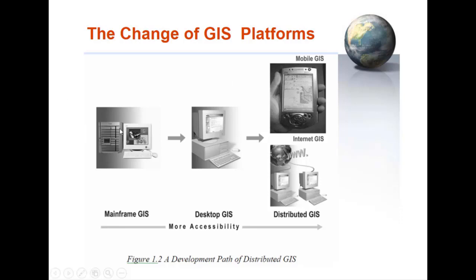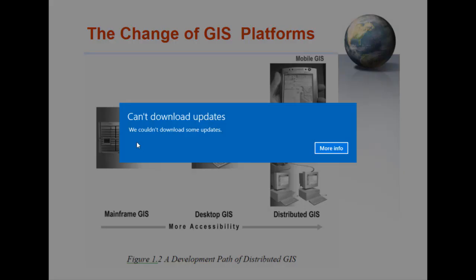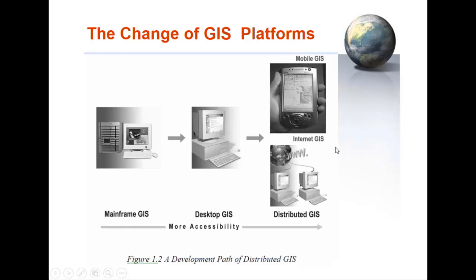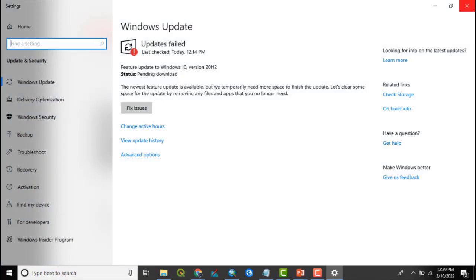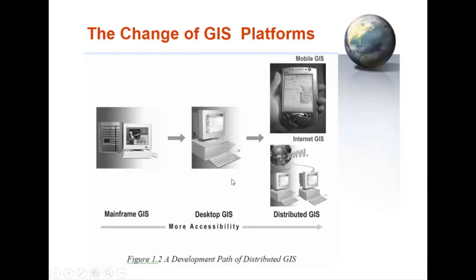Okay, so this is the change of GIS platform historically. When the first GIS was developed, it was in the 1960s. So it was the mainframe computers, and then the desktop computers. Then we have personal computers in the next stage.